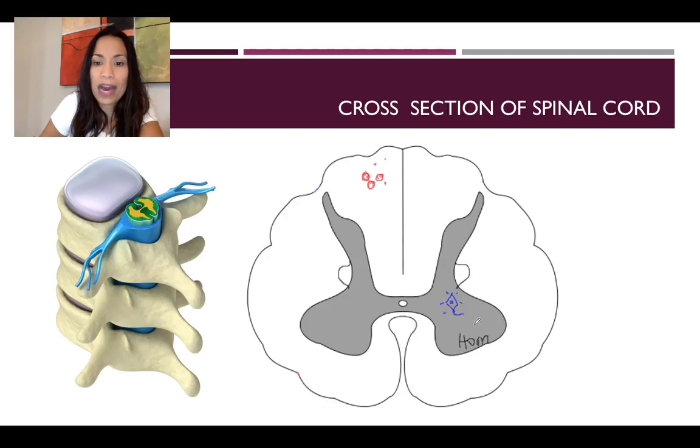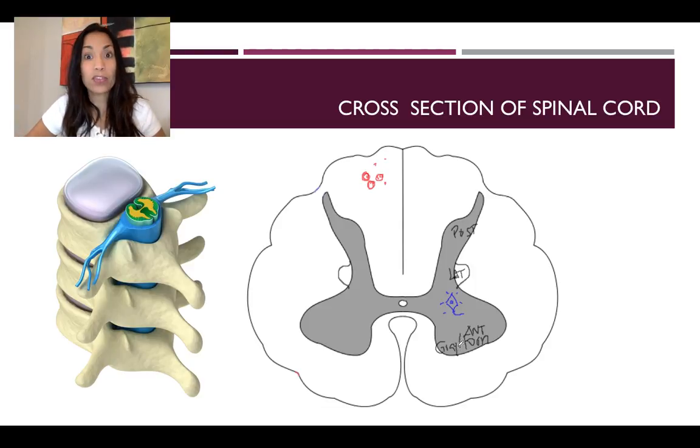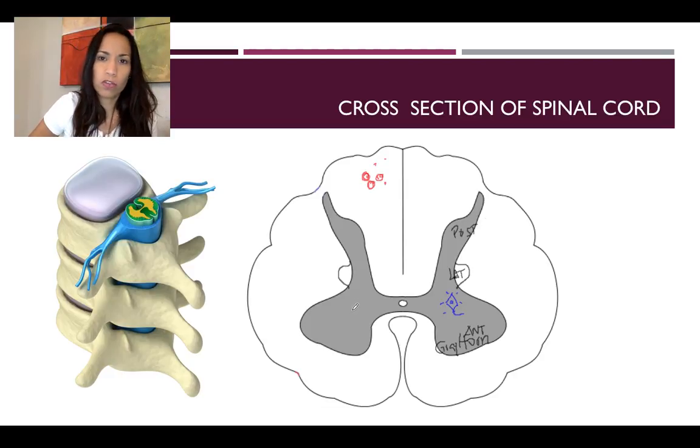So we have an anterior horn, a posterior horn, and the lateral gray horn. So anterior, lateral, and posterior gray horn, and the same thing is going on the right side.